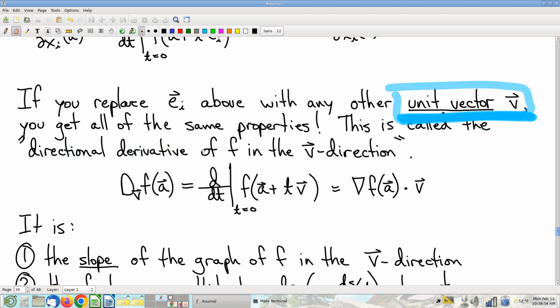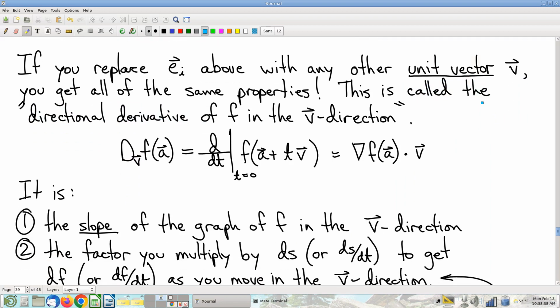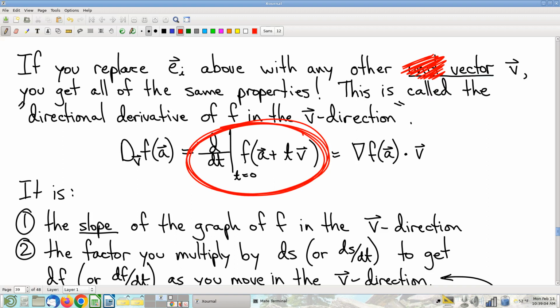And with good reason. The good reason is that, let's suppose I were to scratch out this requirement here, where it says unit. Suppose I'm moving as described by any other vector, unit or otherwise. How fast the function is changing as I go in that direction with that velocity is still interesting.